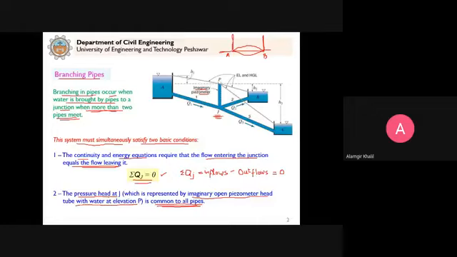So in a similar fashion, in this case, the pressure head at J will be common to all the pipes. Clear? So what we can say is that the pressure at point J will be equal to P, and it is given or measured by this imaginary piezometer. Clear?